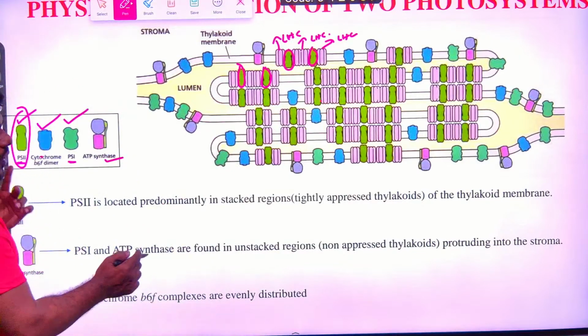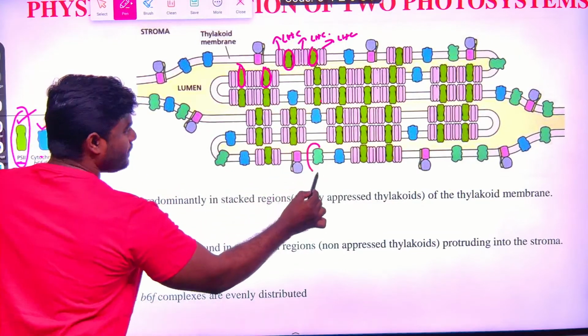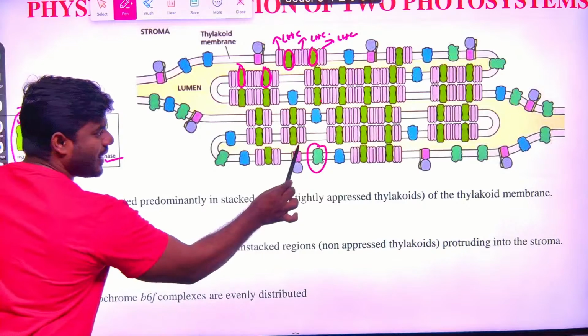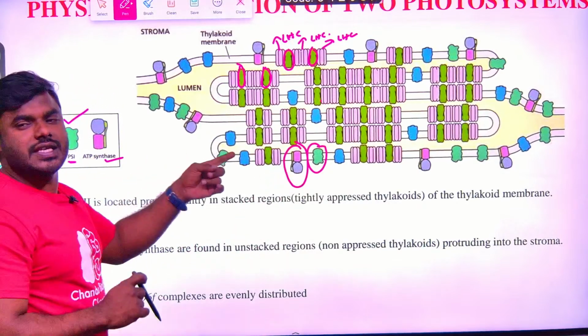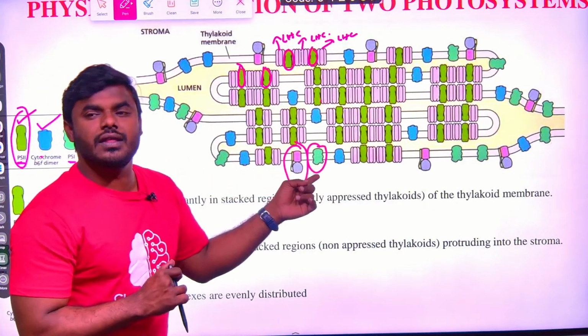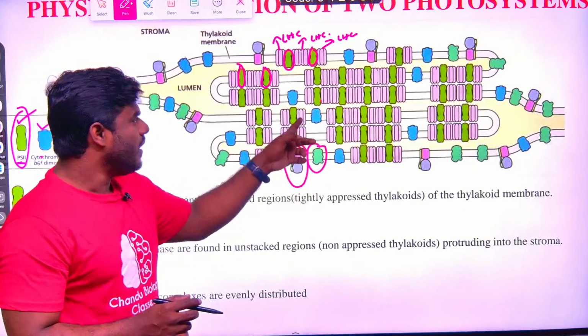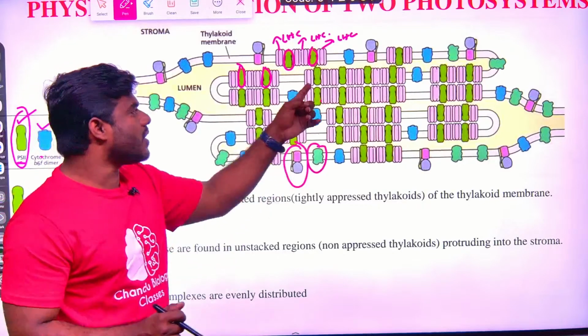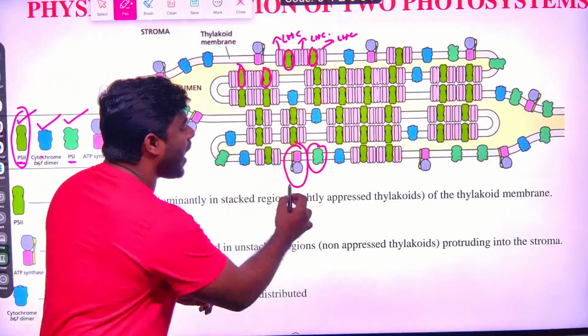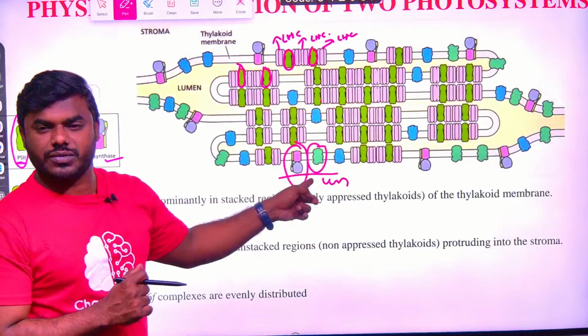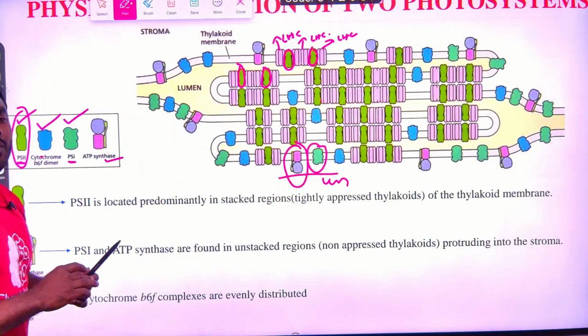Now focus on the picture. This is PS1 and this is the ATP synthase enzyme, and they are located between the non-appressed thylakoids. Non-appressed means where there is no cluster of thylakoids; we sometimes call these unstacked regions. And what about the cytochrome b6f?